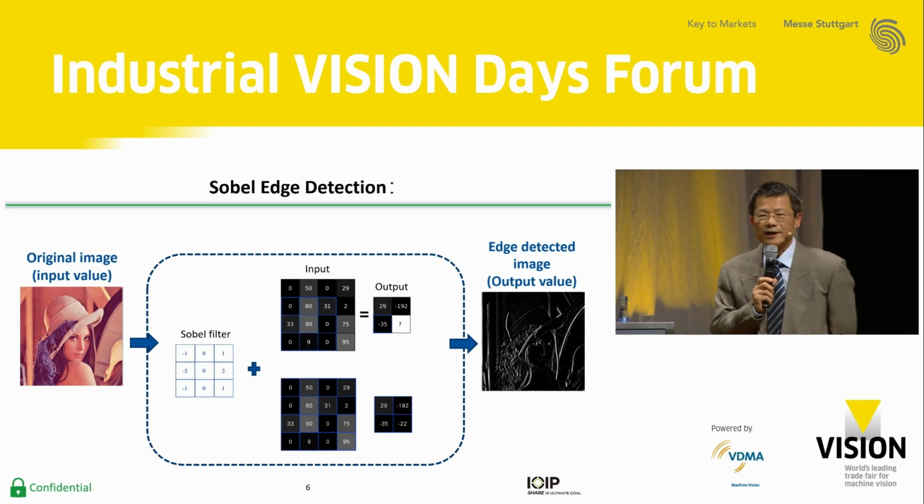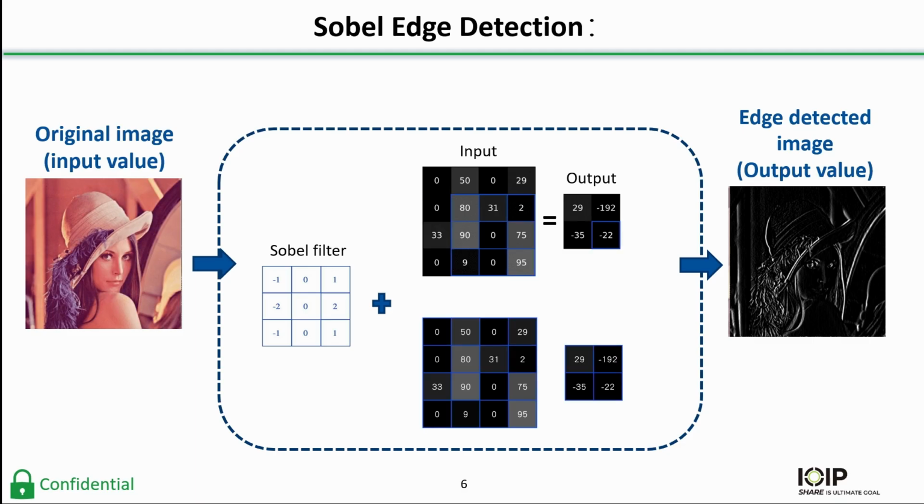After getting the images, because this is a pixel level computing sensor, we can have the so-called edge detection immediately.